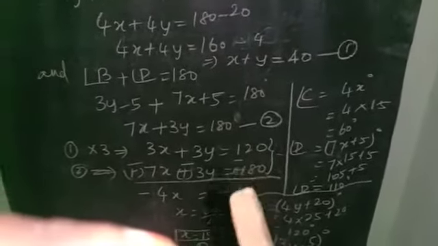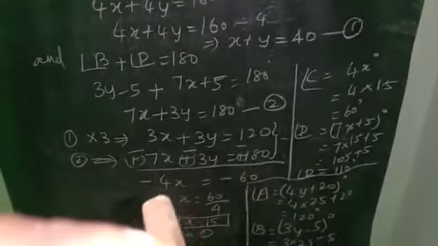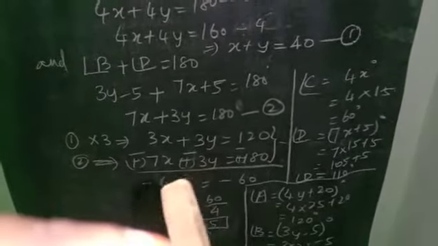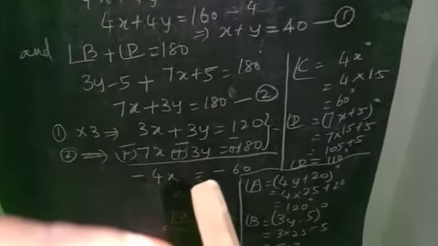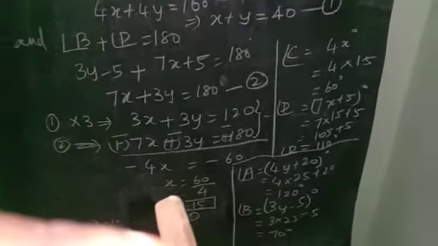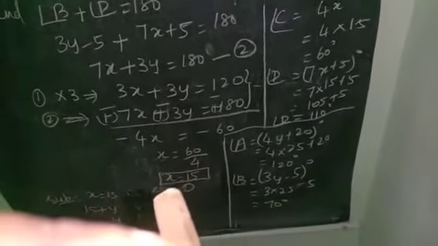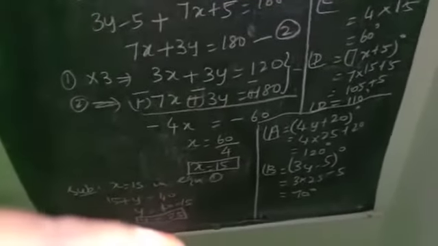Now we subtract these two equations. 3y minus 3y cancels, and we get minus 4x is equal to minus 60. Therefore, the value of x is 60 divided by 4, so x is equal to 15.